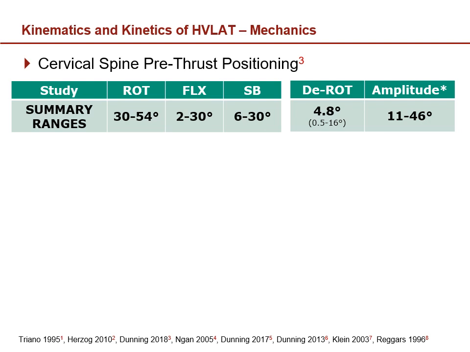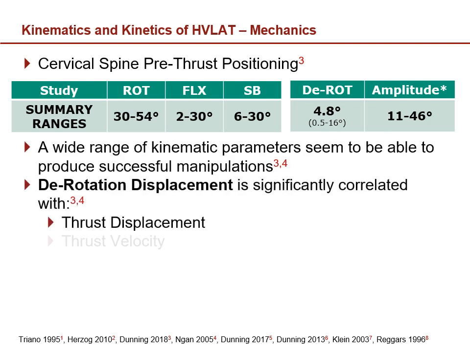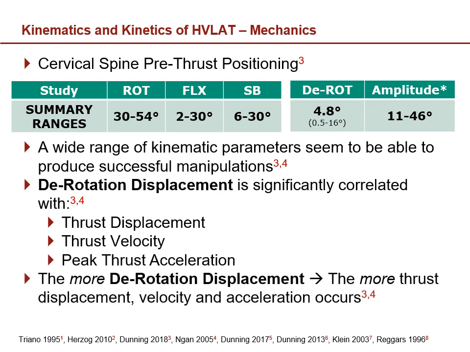I.e., the more derotation displacement, the more thrust displacement, velocity, and acceleration will occur with the actual thrust itself. There's also a wide range of kinematic parameters that seem to be able to produce the same success with a manipulation, if success is determined by cavitation.